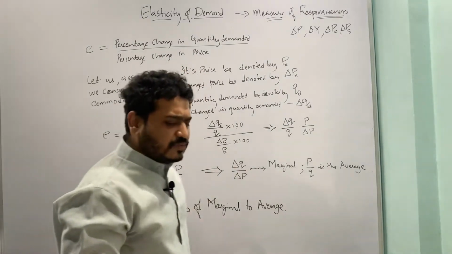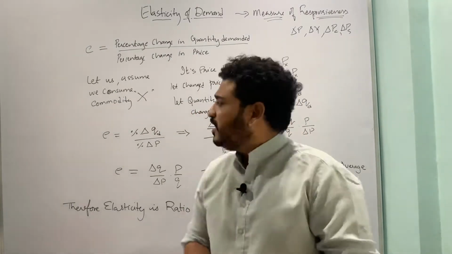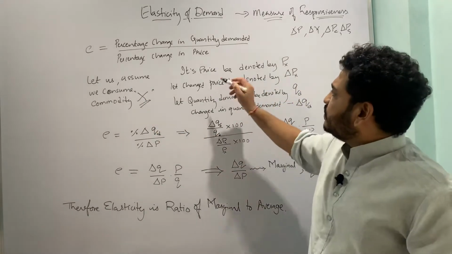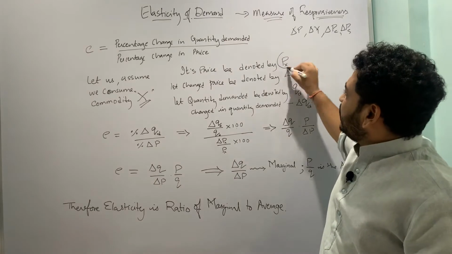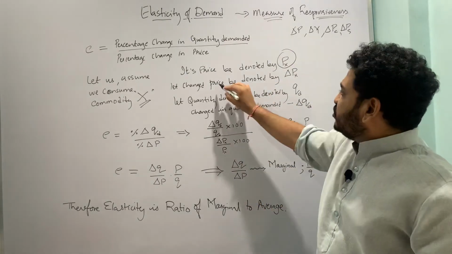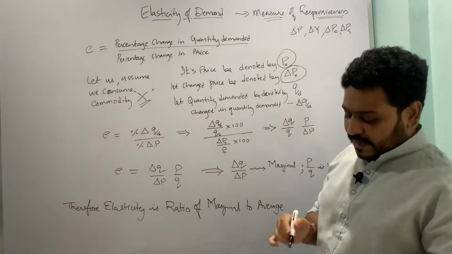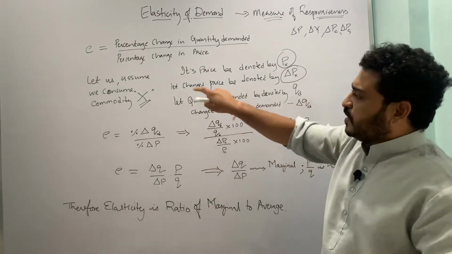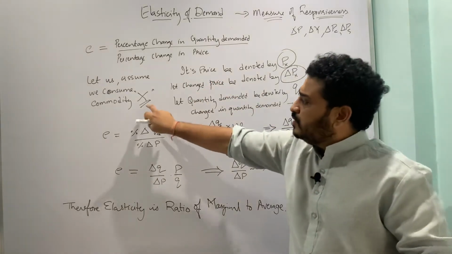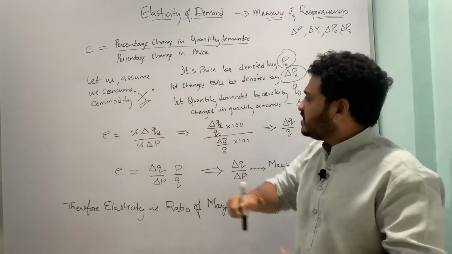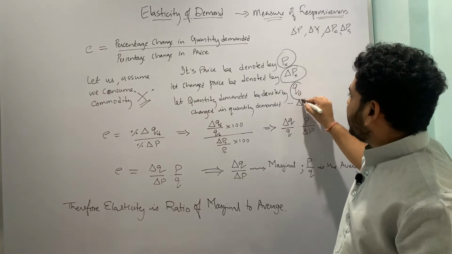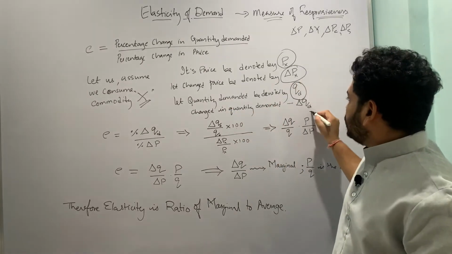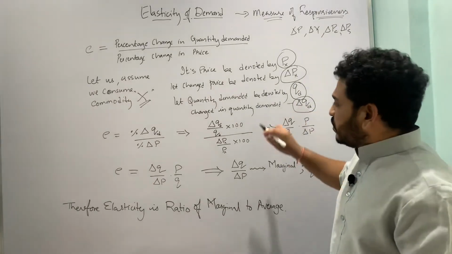So now let us assume that the consumer is consuming commodity X, the price is denoted by Px and the change in price is denoted by delta Px. On the contrary, the quantity demanded of commodity X at that particular time is denoted by Qd, and the change in the quantity demanded due to change in price is denoted by delta Qd. So I hope this is pretty much clear.